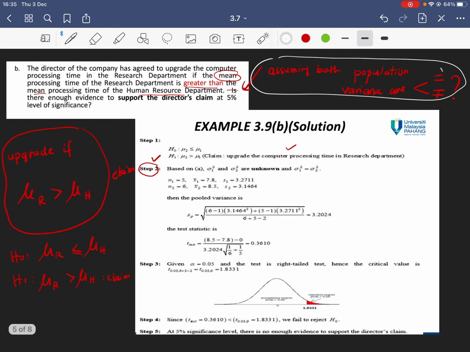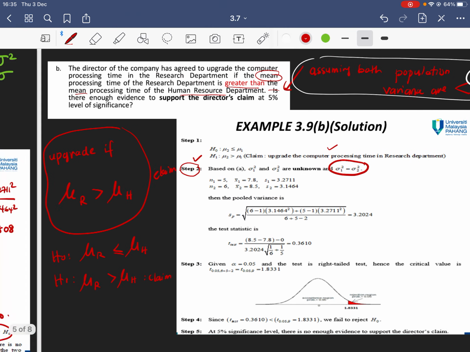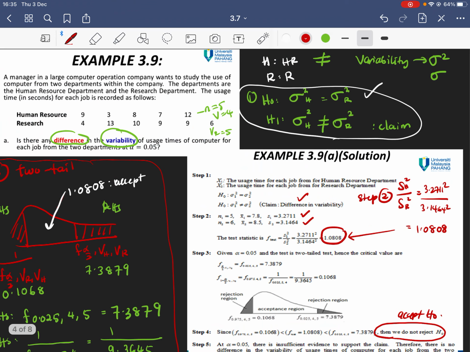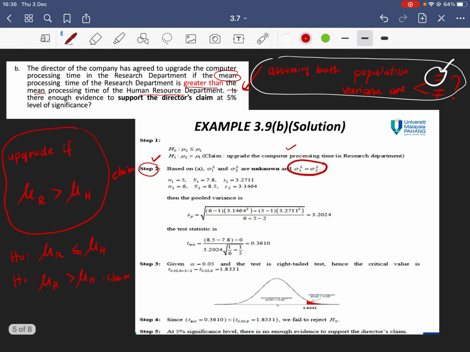Equal. So now use equal. So that's why here we use the equal formula, because it's related to here. After you test this one, you accept that the population variances are equal. So because both population variances are equal, you can use the assumption for this question, and then you can proceed, substitute into the formula, and then proceed with the 3.3.1 hypothesis testing between 2 mu.